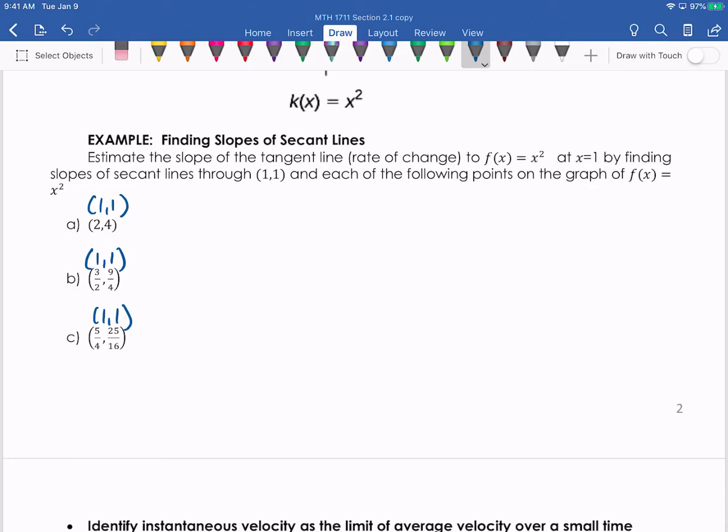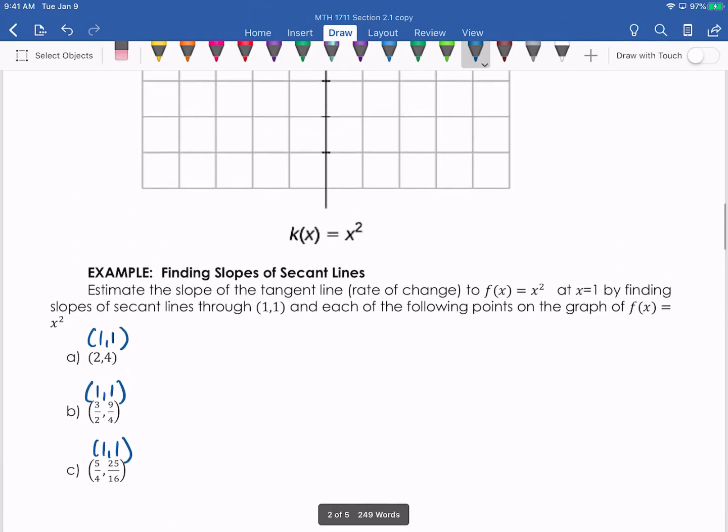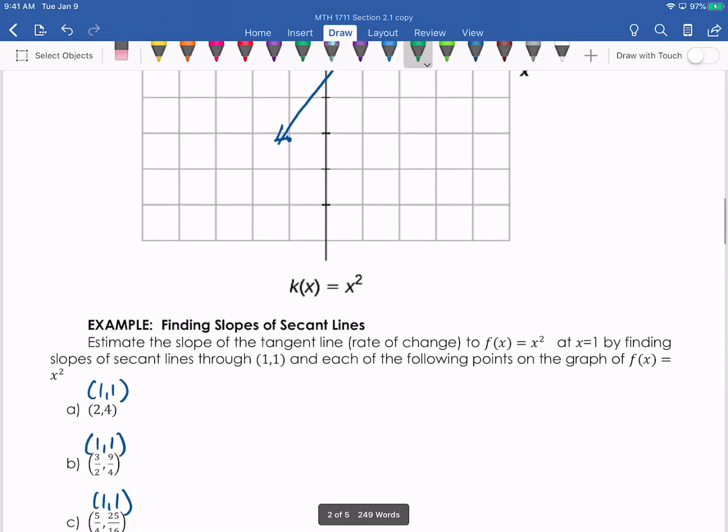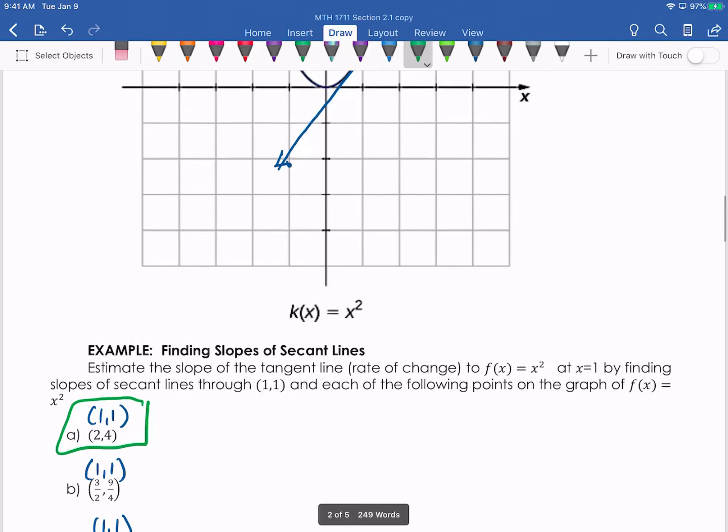So for part A, let's draw this on the graph. Here's the point that I'm trying to find the slope of the tangent line for. This is what we're trying to find, the slope of the blue line. So for the first line that we're going to use for our estimation, we'll do this one in green. I'm going to use the point (2, 4).